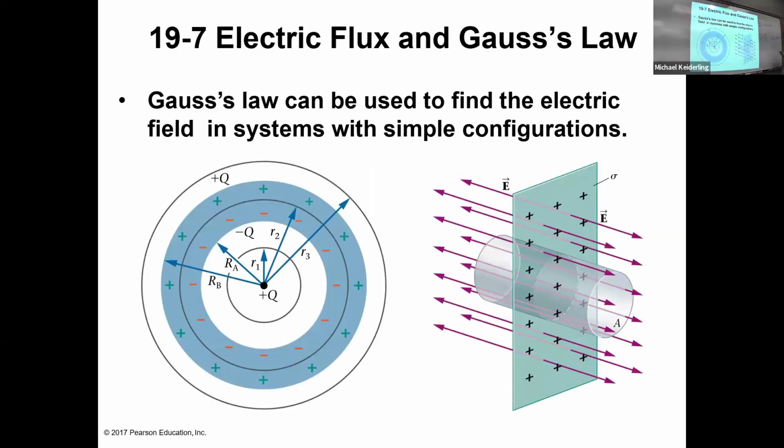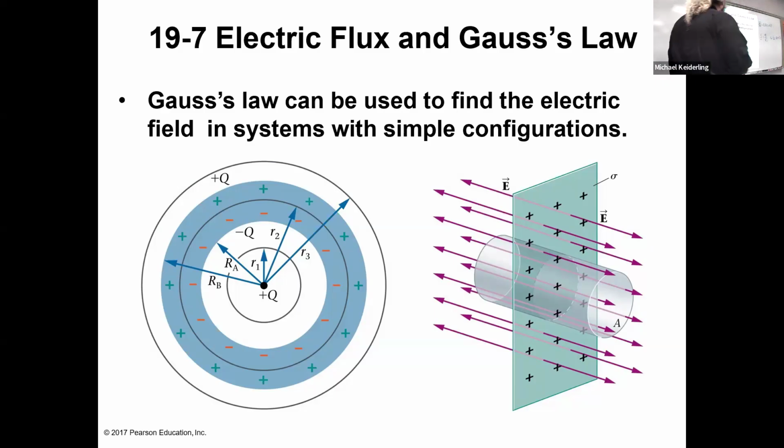In systems with simple configurations or a lot of symmetry, you can use Gauss's law to work out what the electric field should be. You can start at Gauss's law and derive the electric field of a point charge, the electric field of a line of charge, things like that, and the electric field of a parallel plate capacitor.